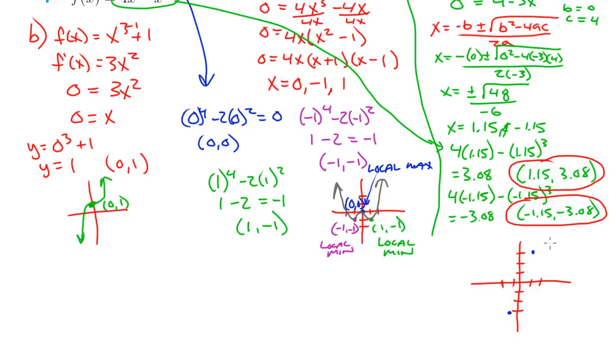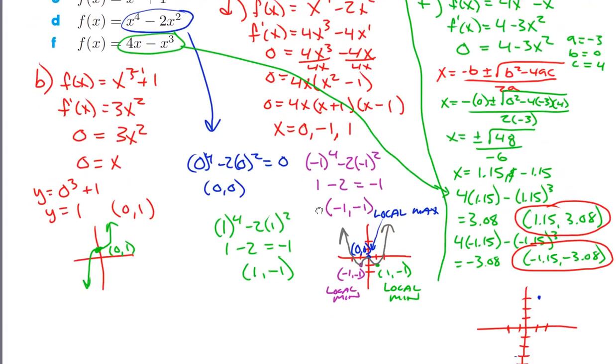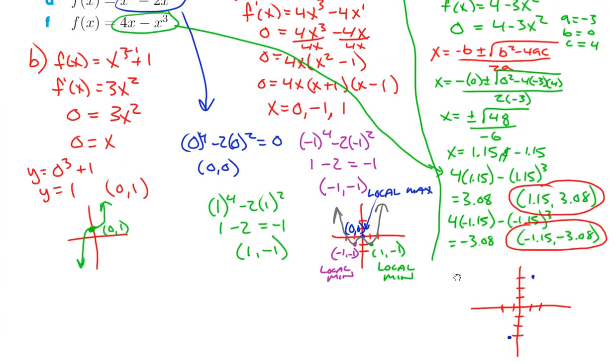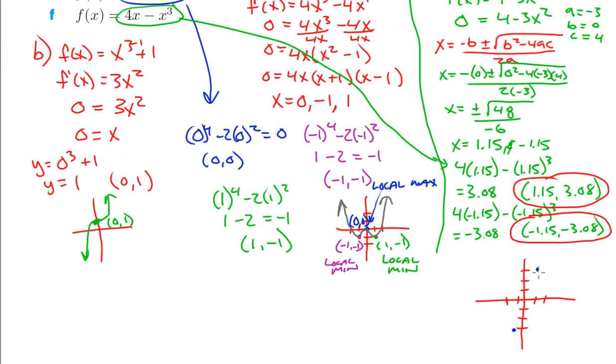Okay, so we know that this function here is negative x cubed. So then we know that this graph eventually ends up going down. So we know that it's going to look something like this. It's going to hit up there in the max, come down here, and that's going to be our minimum. It's going to look something like that, right?